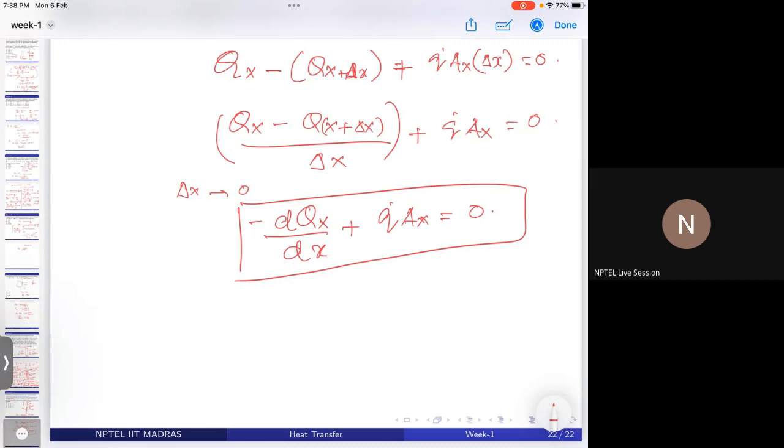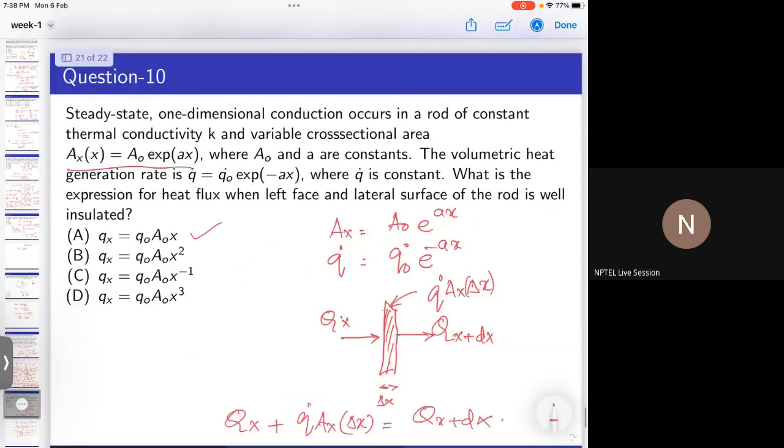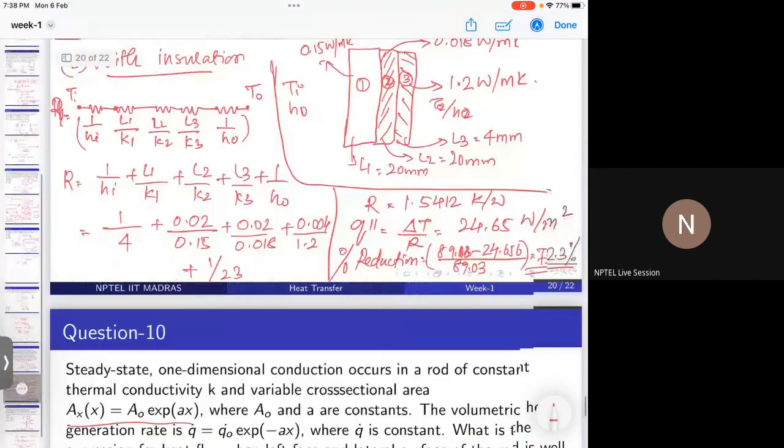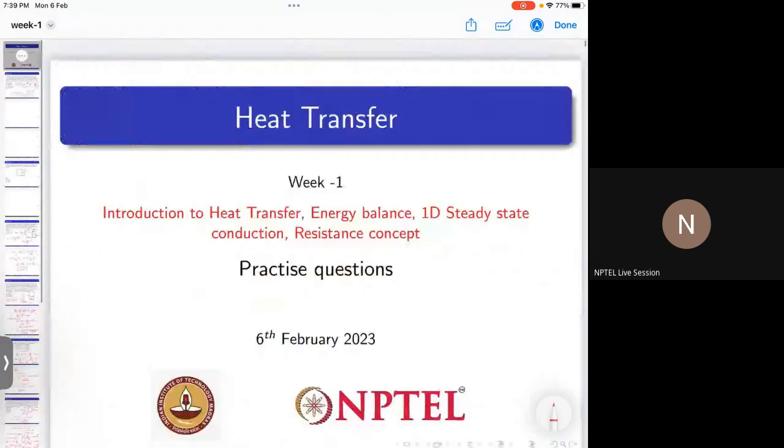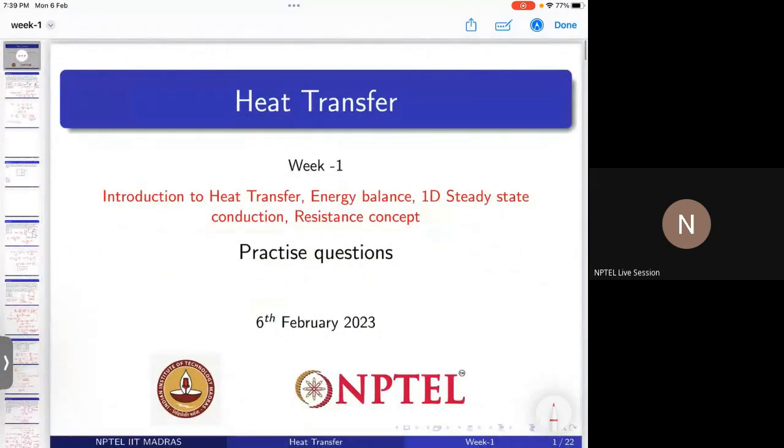I hope this session was helpful for you. I need some feedback from you: whether this session is useful, or whether we should continue like this, solving different types of questions so that you get exposure.